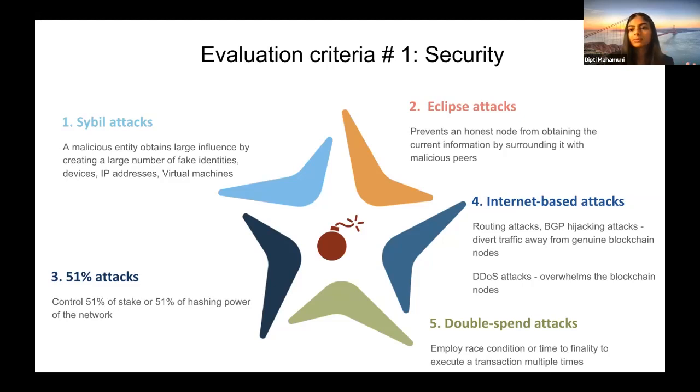The fifth sub-criteria in this is double spend attacks, which is when malicious actors use race conditions or time to finality to their advantage to execute a transaction multiple times. Again, proof of work and proof of stake are two algorithms that are vulnerable to double spend attacks.